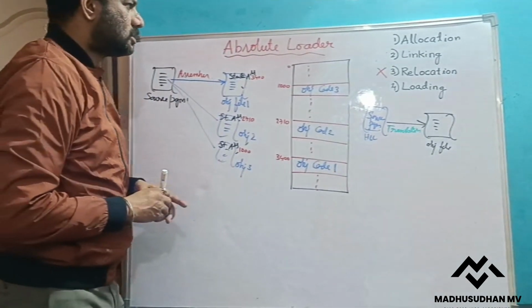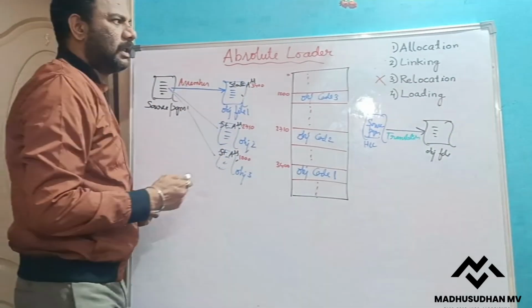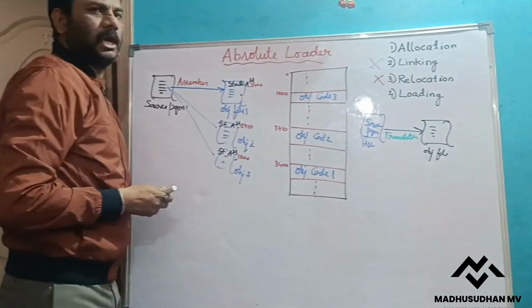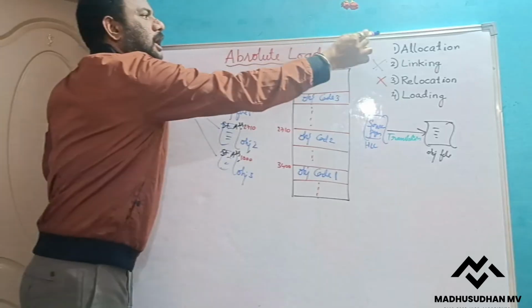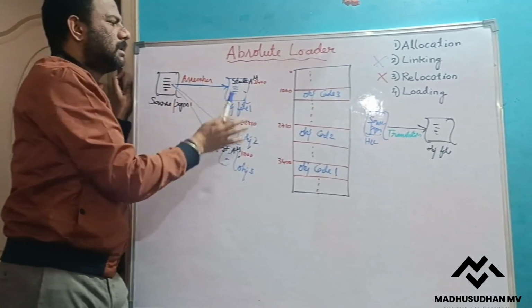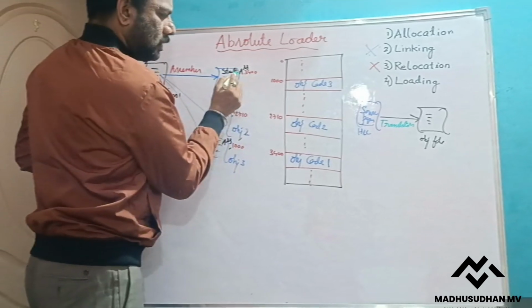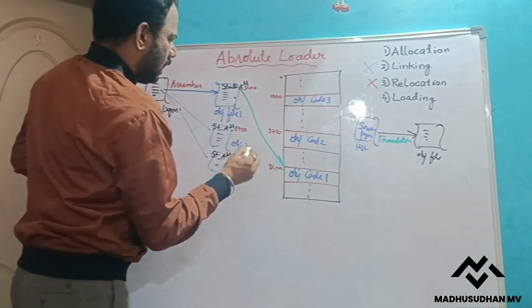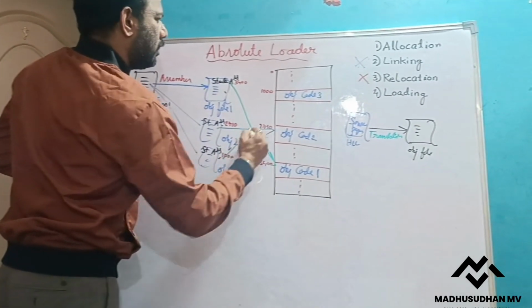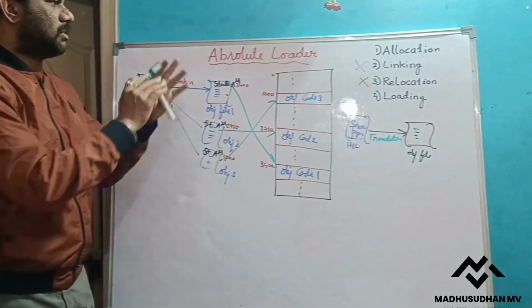Since there is no concept of linking and no concept of relocation, allocation and translation are both done by the assembler. It will load here, this will load here, and this will load here. This is the absolute loader.